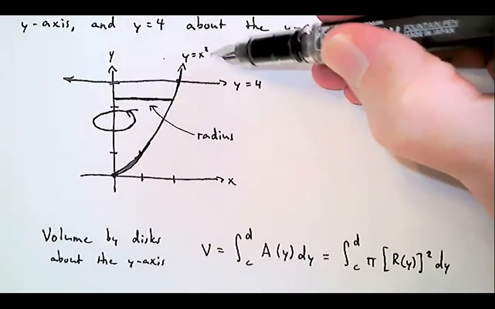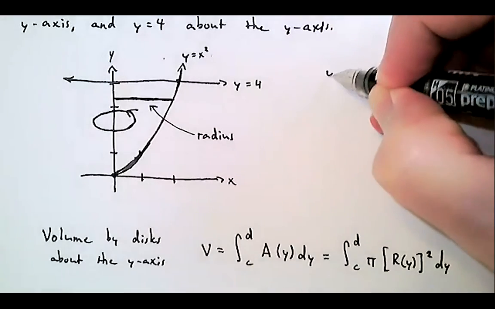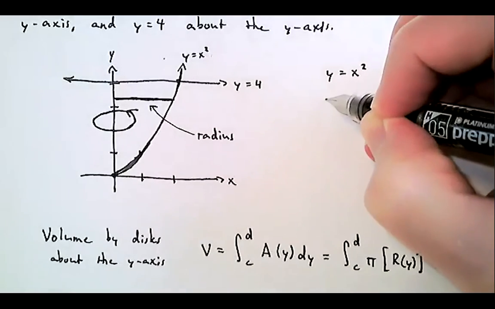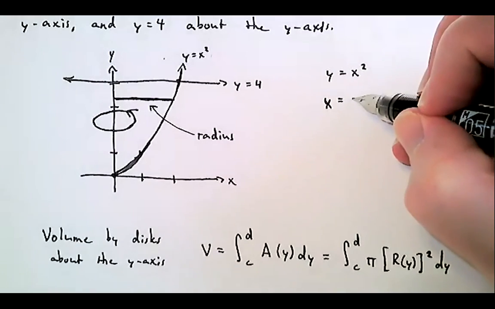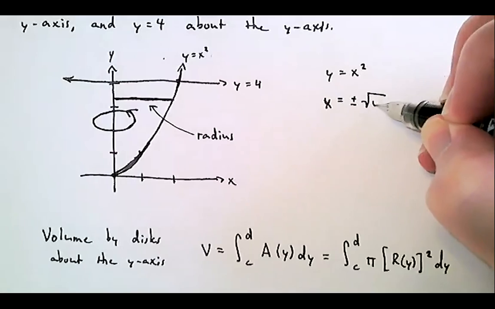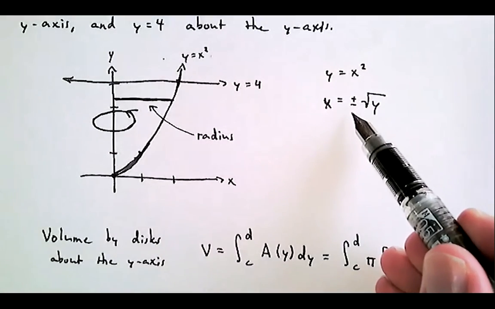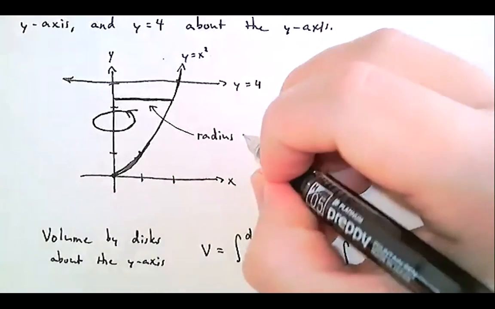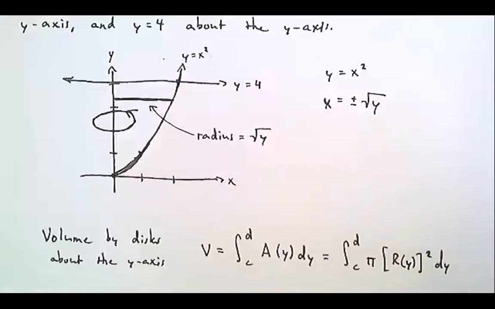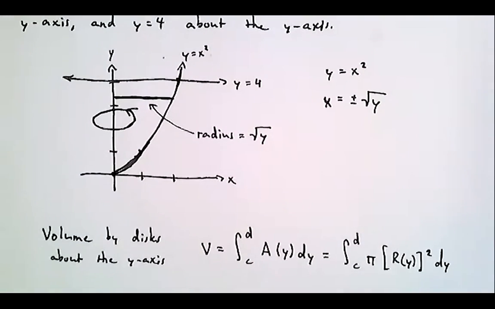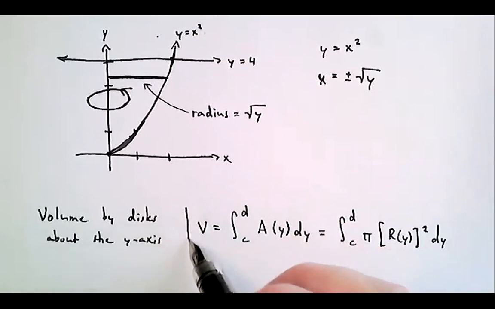And in order to do that, we'll have to rearrange this formula by taking the square root of both sides. So x is equal to now plus or minus the square root of y. But since we're looking at positive values of x, we're going to ignore the negative half. And this radius is going to be positive square root of y. And that's about it as far as the geometry goes.